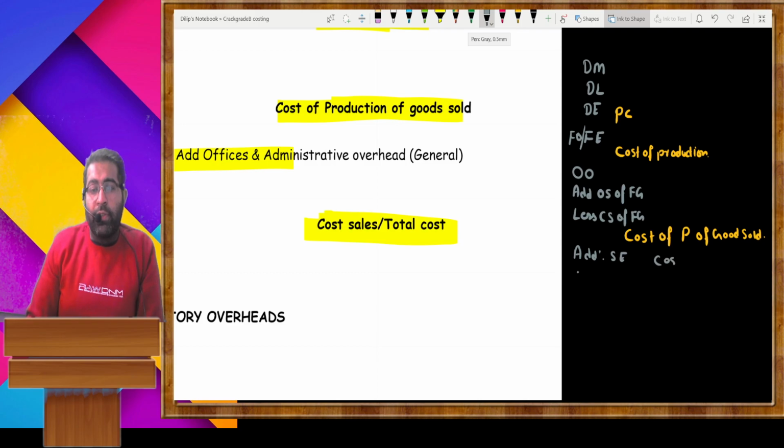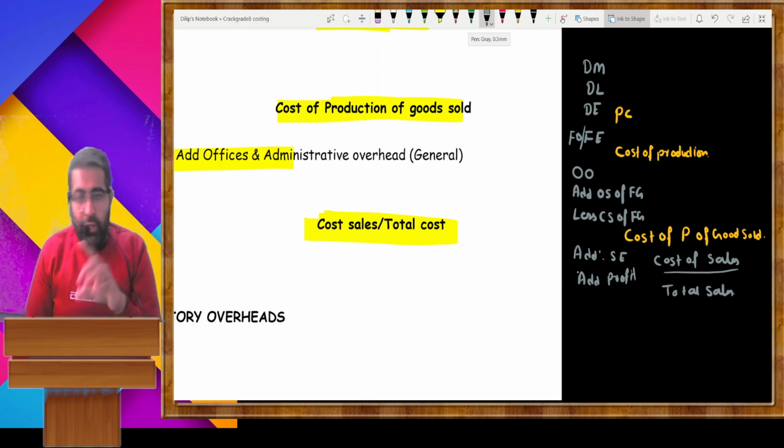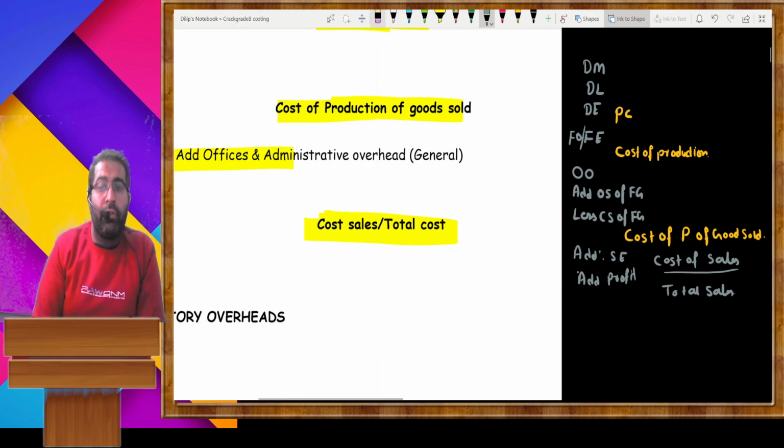Then there is the cost of sales, add profit, then it is the total sales. Cost of sale is regarded as total cost. Okay, just the format we have to learn.